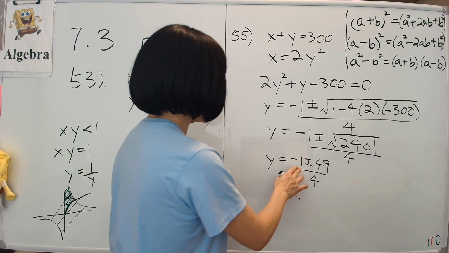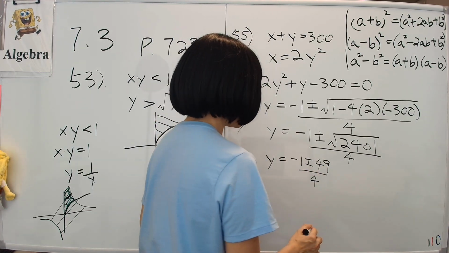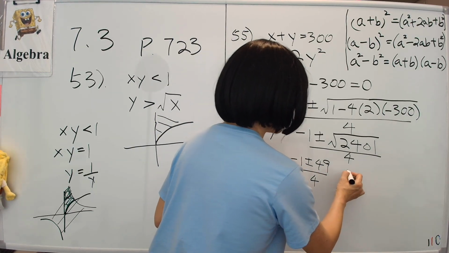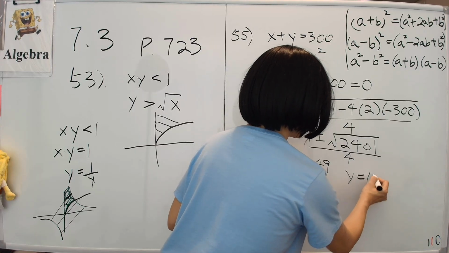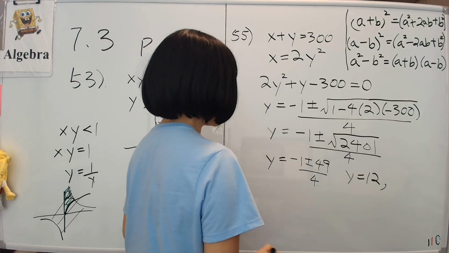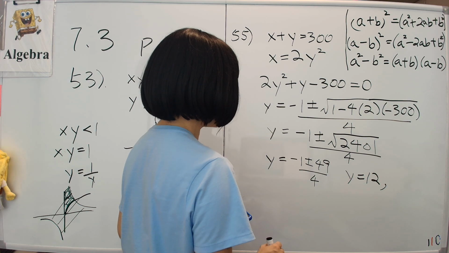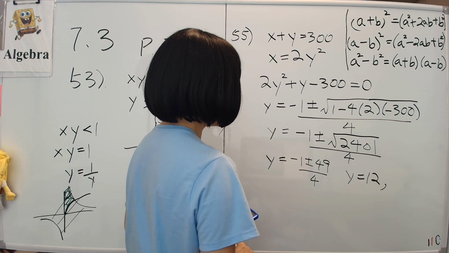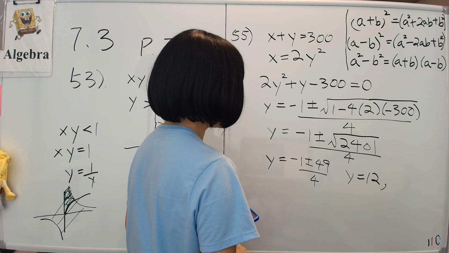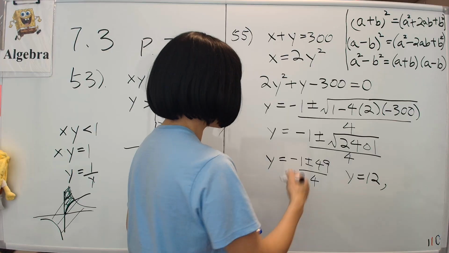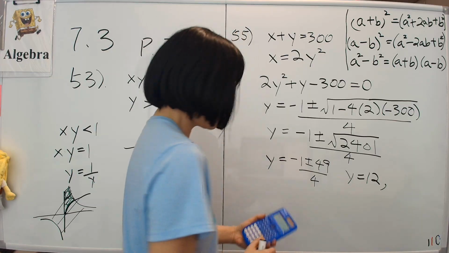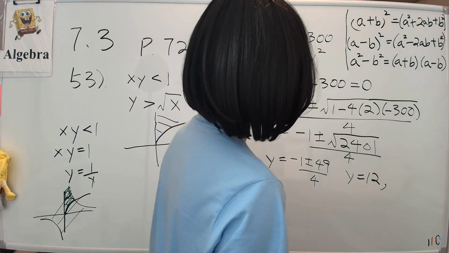So minus 1 plus or minus 49, divided by 4. So minus 1 plus 49, that's 48, divided by 4 is 12. So y equals 12. That's the first option. Minus 1 minus 49, that's minus 50, right? That would be a negative number, so that's rejected, because we are only thinking about positive numbers right now, I think.